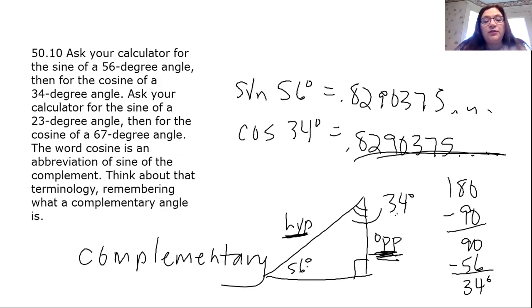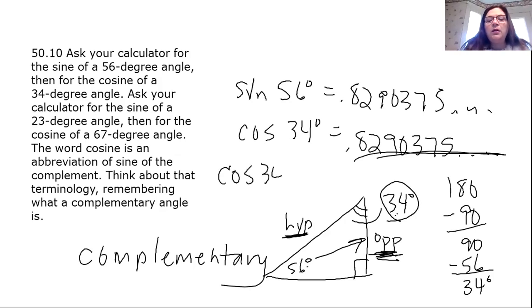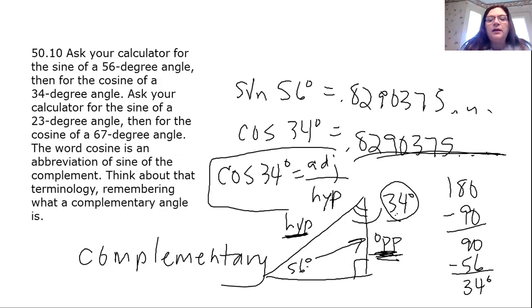It's not opposite to the 34, it's opposite to the 56. It's actually adjacent to the 34. So the cosine of 34 is the same, and that means we're using adjacent over hypotenuse. And there's our new lesson today. Cosine of an angle is adjacent over hypotenuse.